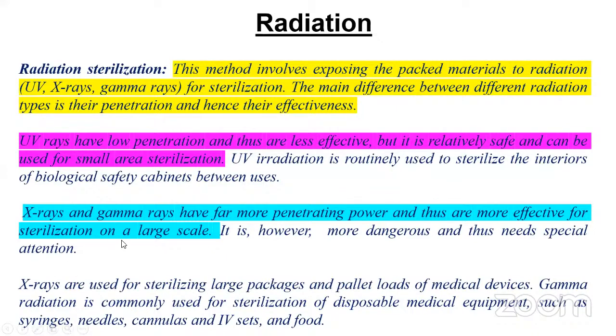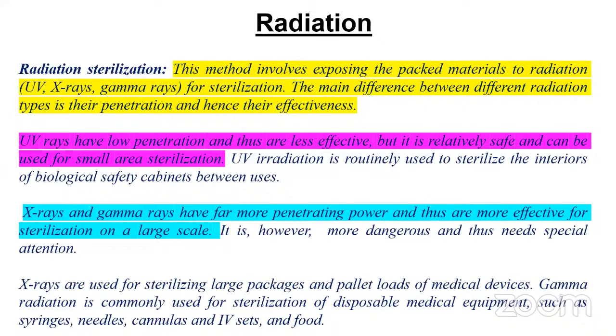Then X-rays and gamma rays are used for sterilization, mostly for medicinal purposes or in hospitals where the need for sterilization is very high. They are used in hospitals to sterilize, for example, a needle used for injection to give a vaccine.